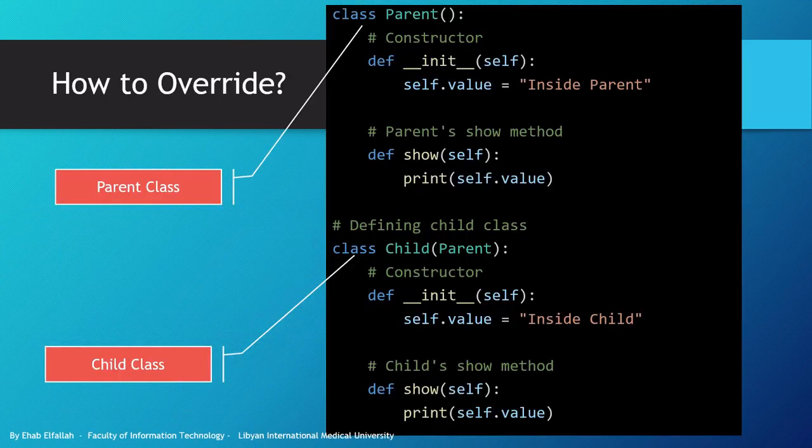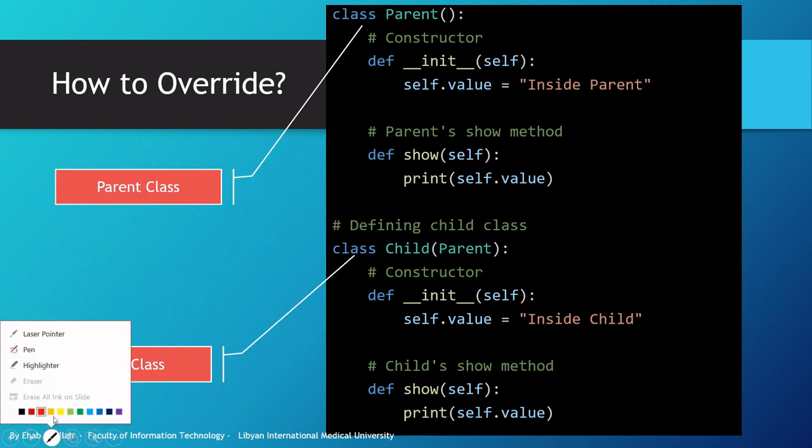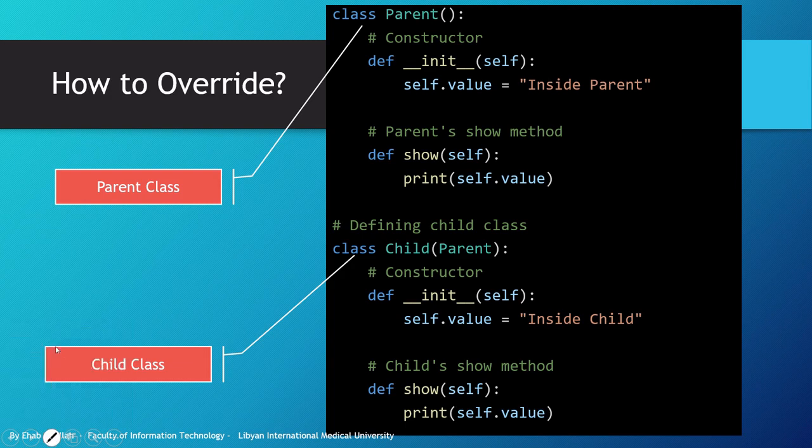How do we override in Python? Suppose that we have two classes: a parent class and a child class that inherits from the parent.